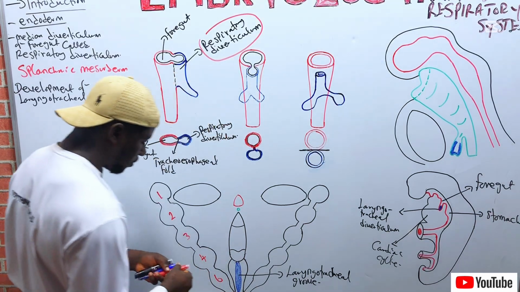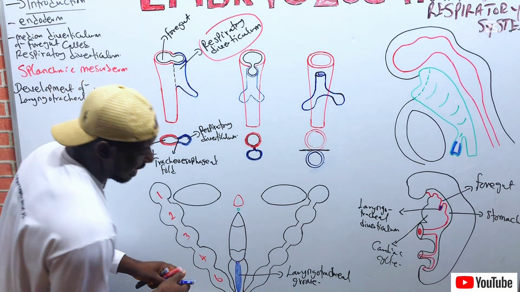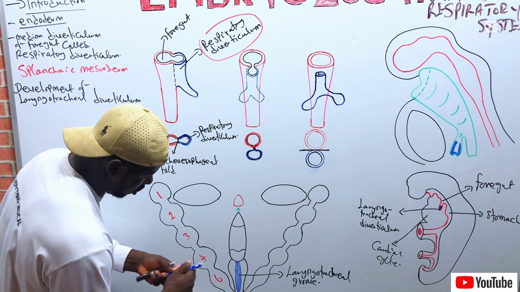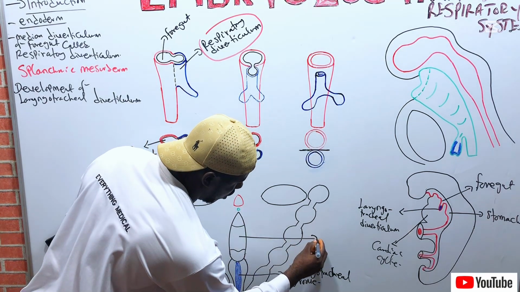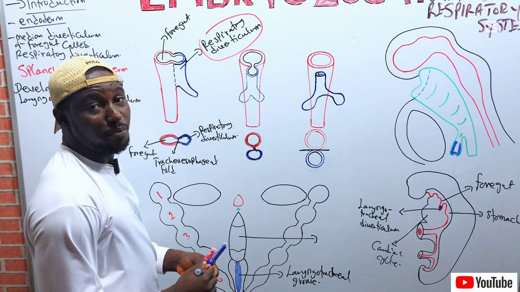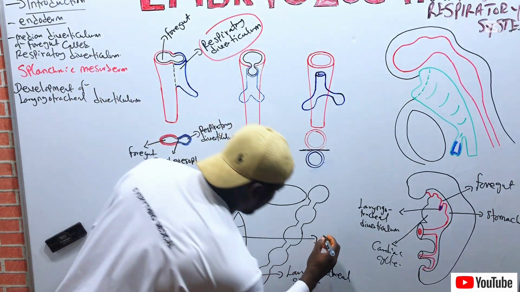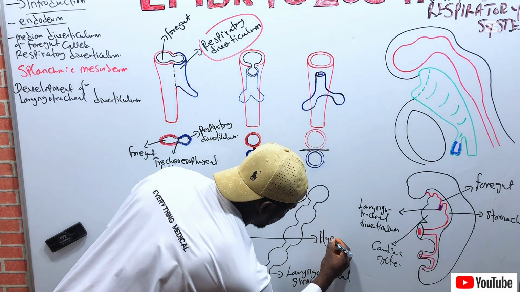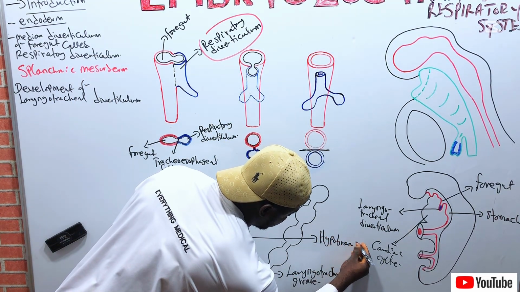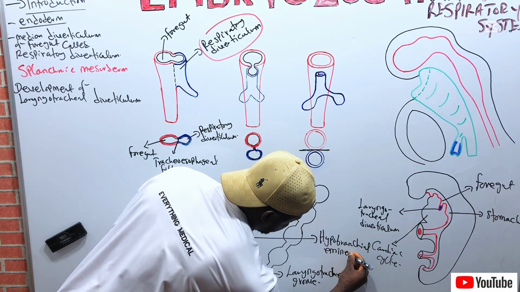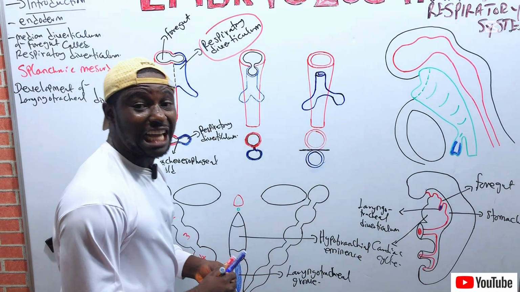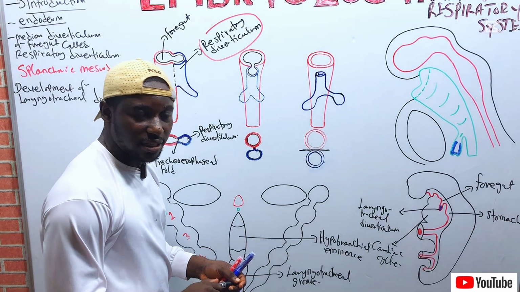Now you can see that this structure that is here is called the hypobranchial eminence. The hypobranchial eminence, right?